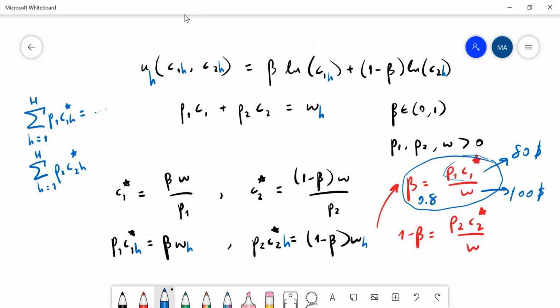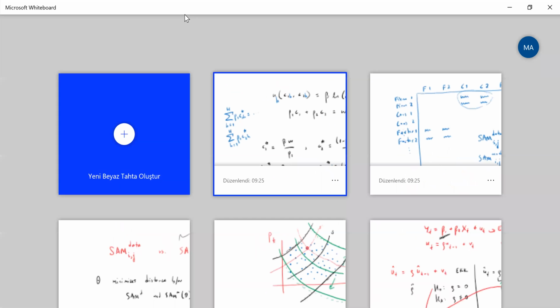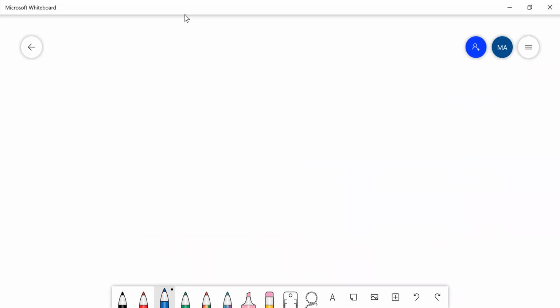In some other, more complicated models, as I discussed last week, we write some sort of numerical algorithm that minimizes a distance between model SAM and the data SAM. Now, what I want to do is to show the firm problem.